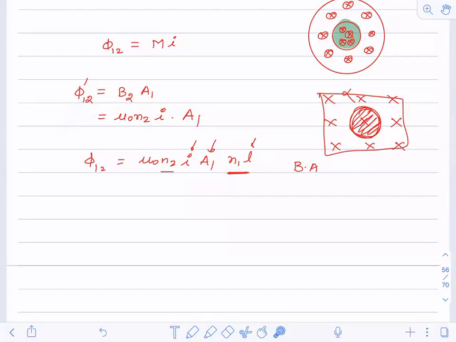You should know about the relation between self and mutual induction.